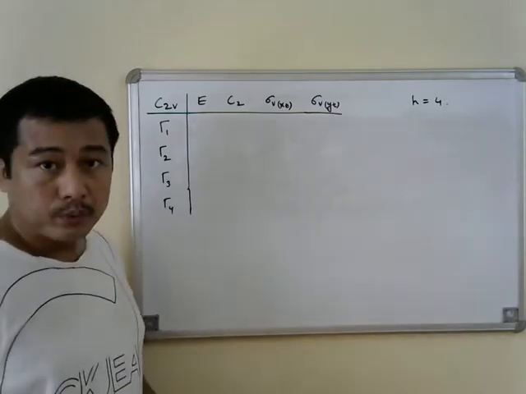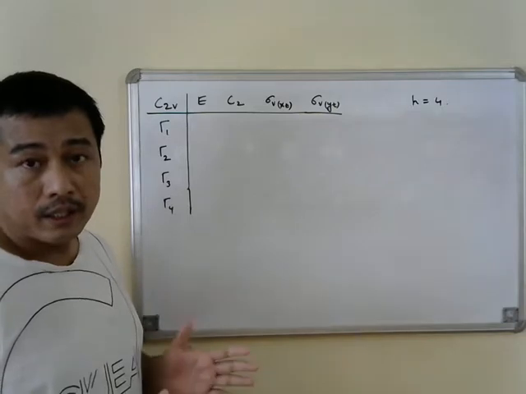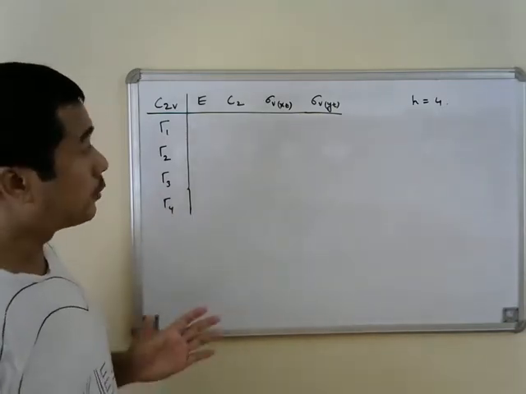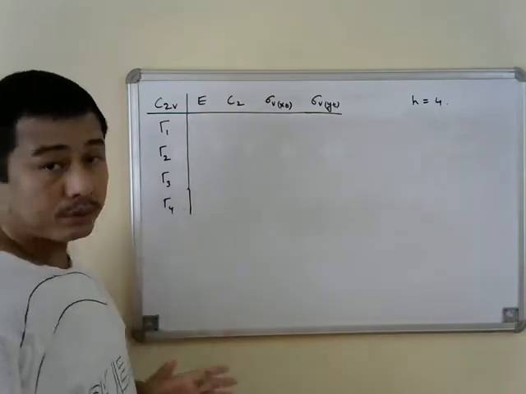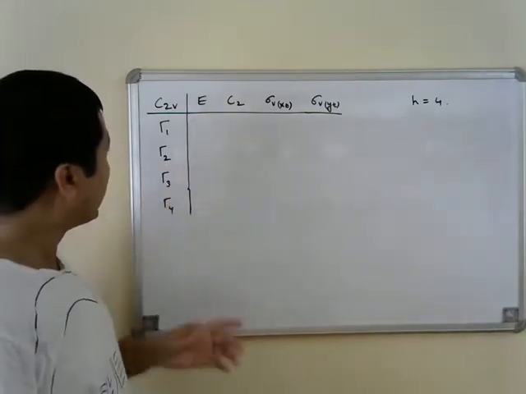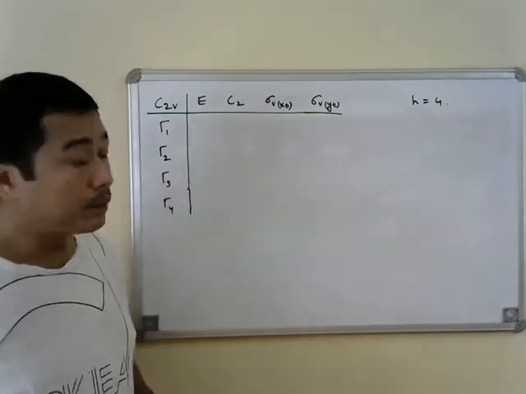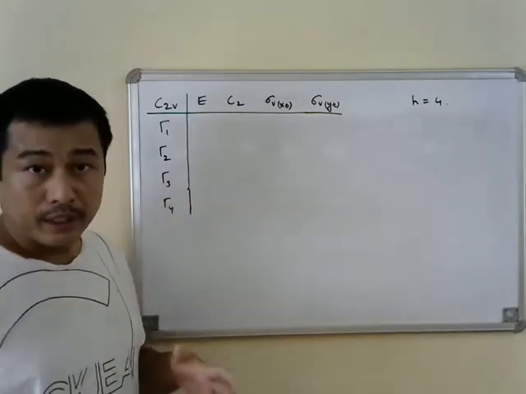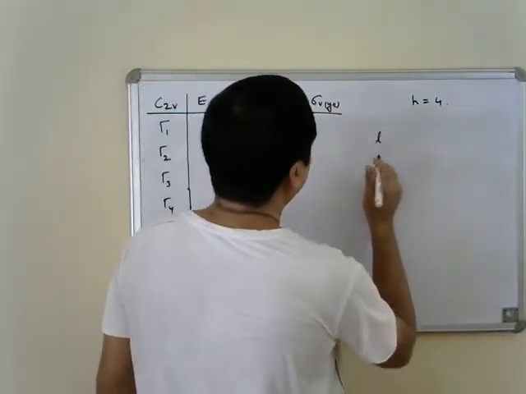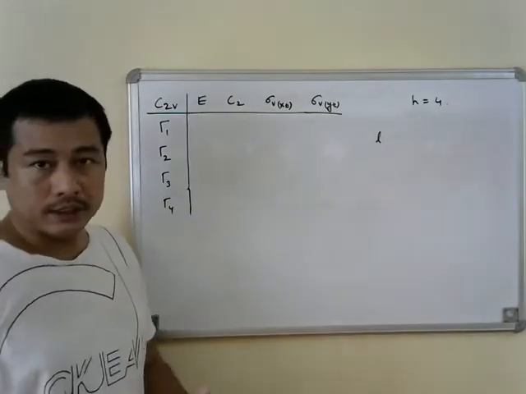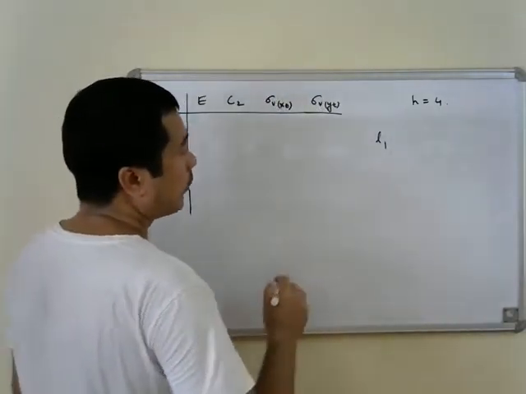What we will do first is use the first rule that we have learned regarding irreducible representations, which tells that the sum of the squares of the dimensions of the irreducible representations within a given group is equal to the order of the group. Since there are 4 irreducible representations, let's assume that the dimension of the first irreducible representation, gamma 1, is L1.